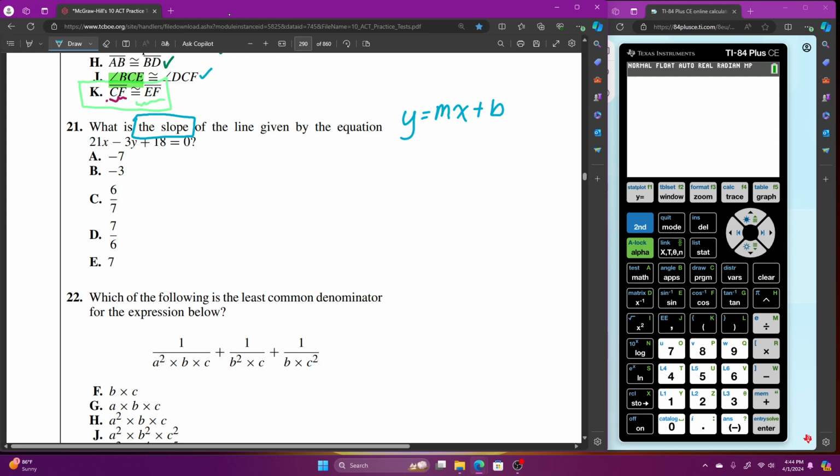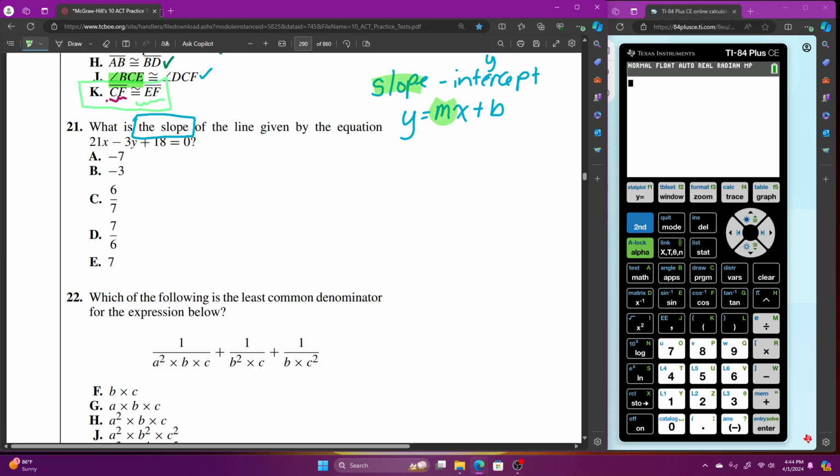Now, when we write out y equals mx plus b, this is a formula you would need to have memorized for this test. ACT does not give you a list of formulas. And this formula is called the slope intercept formula, where your slope is what letter?